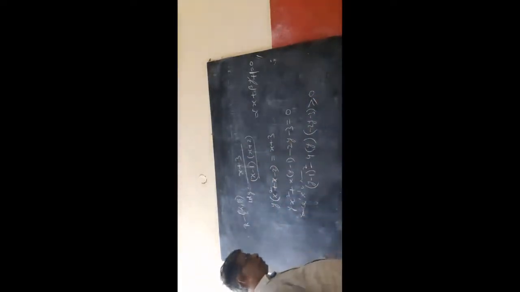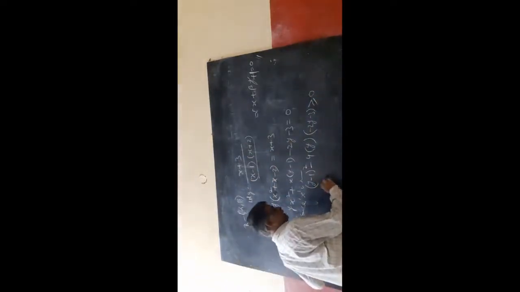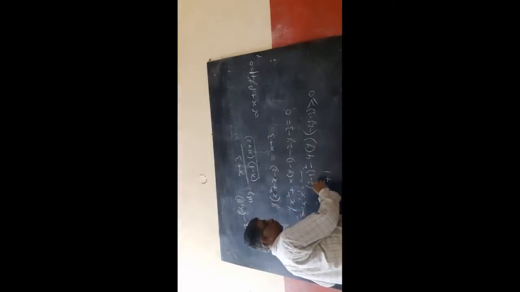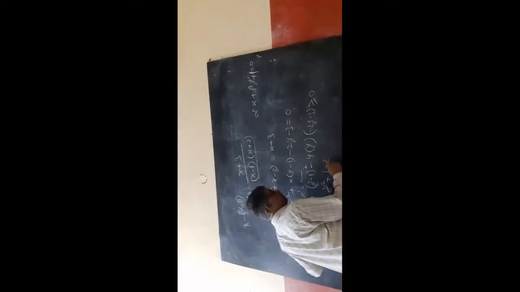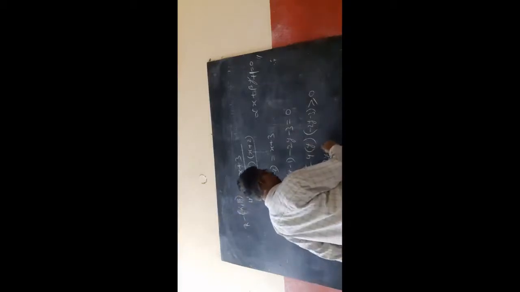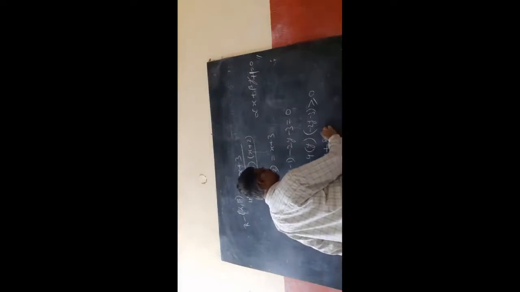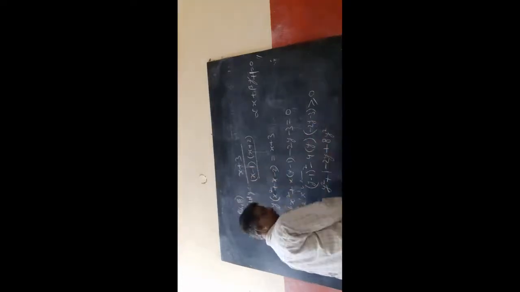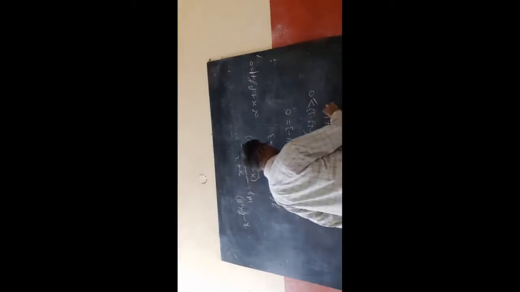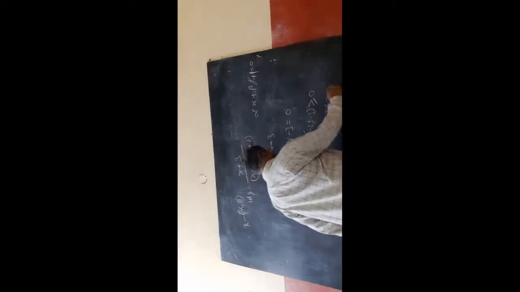Now what do we get? Simplifying this, y square plus 1 minus 2y, using the whole square form a square plus b square minus 2ab. Next minus into minus plus, 4 into 2 is 8y square, again minus into minus plus 4y into 3, that is 12y, greater than or equal to 0.